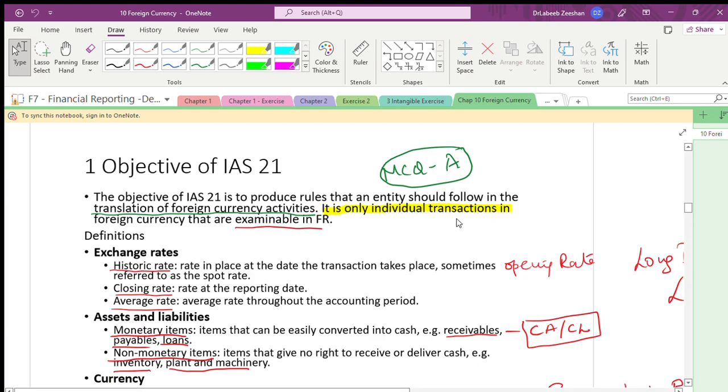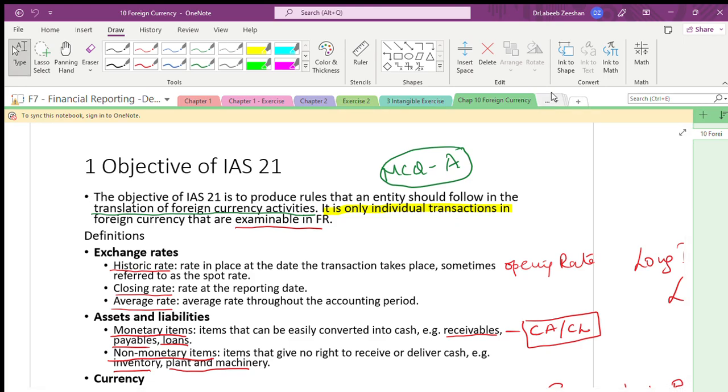See, we have taken the historical exchange rate. This is the historical rate in place at the date the transaction takes place, or sometimes referred to as the spot rate. Closing rate is the rate on the reporting date. Average rate is the rate throughout the accounting period. These are the conditions.